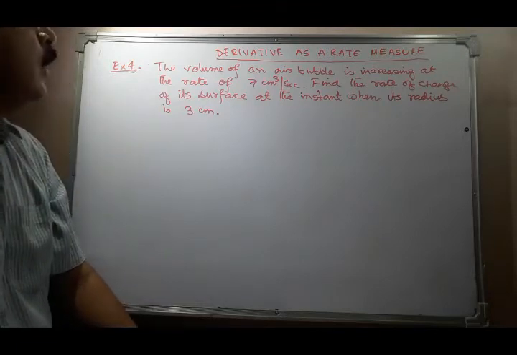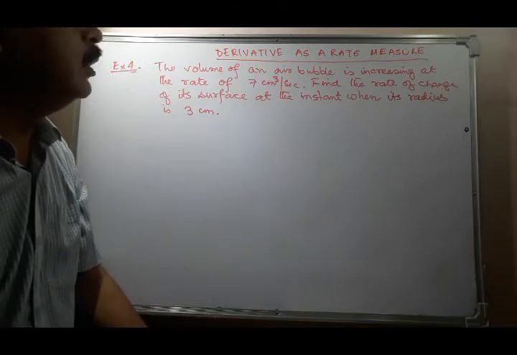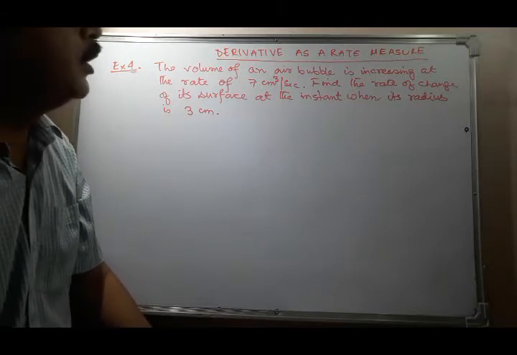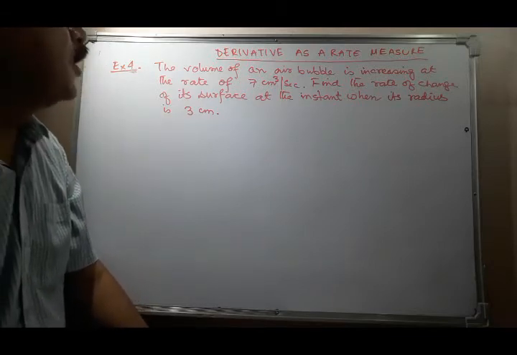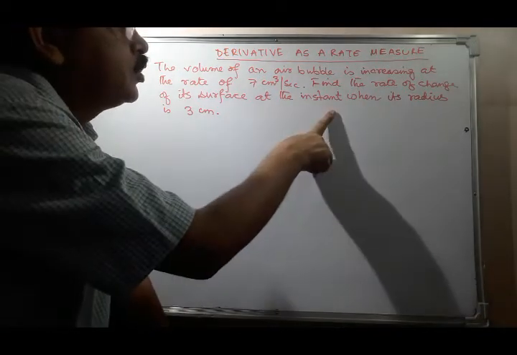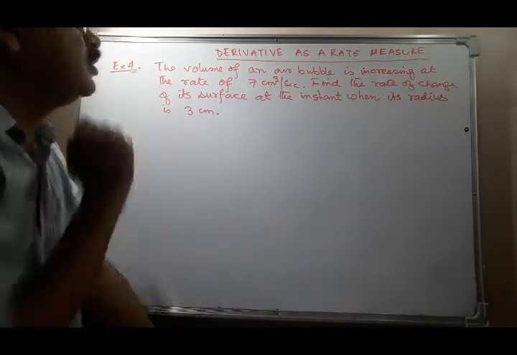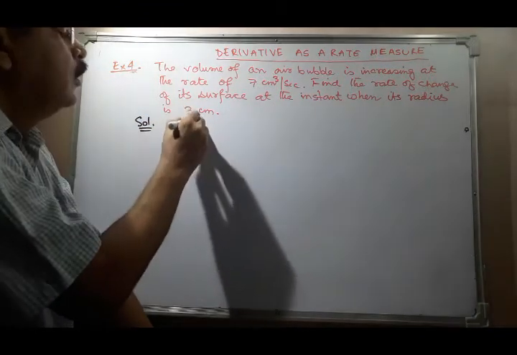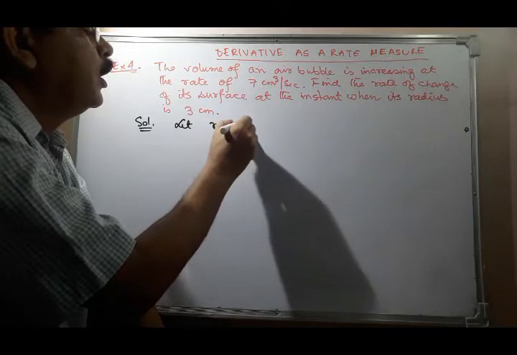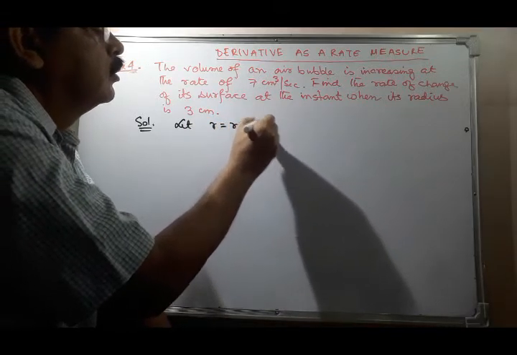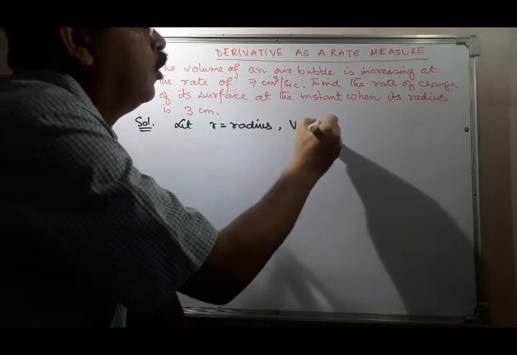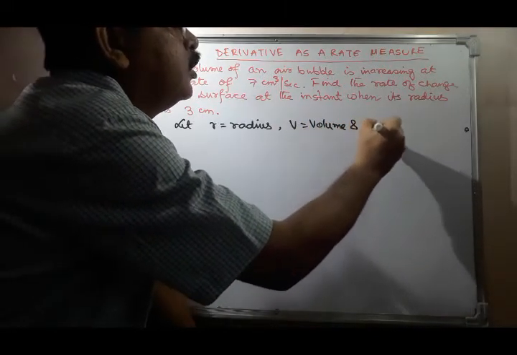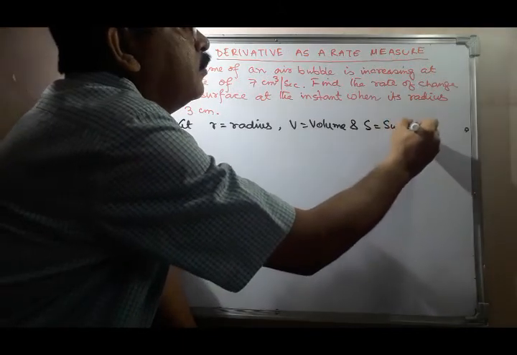Example number 4. The volume of an air bubble is increasing at the rate of 7 centimeter cube per second. Find the rate of change of its surface area at the instant when its radius is 3 centimeter. Solution. Let r equal radius, v equal volume, and s equal surface area.